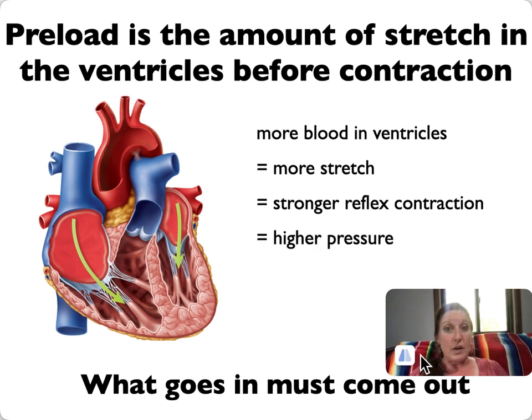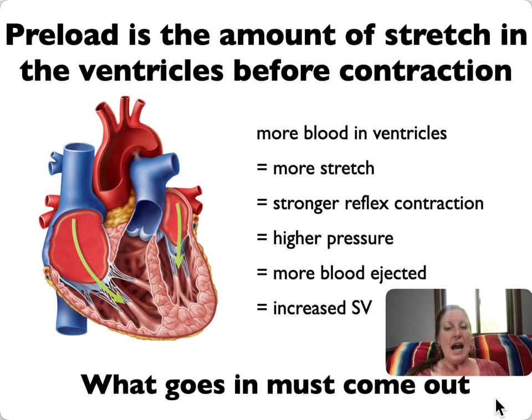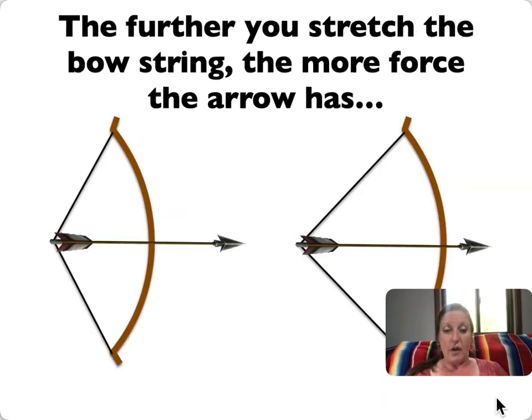And that's going to cause the ventricle to generate higher pressure. So now there's a bigger difference between the pressure in the ventricles and the pressure in the arteries that we're trying to eject the blood to. And that means that more blood will be ejected. And this increases the stroke volume.